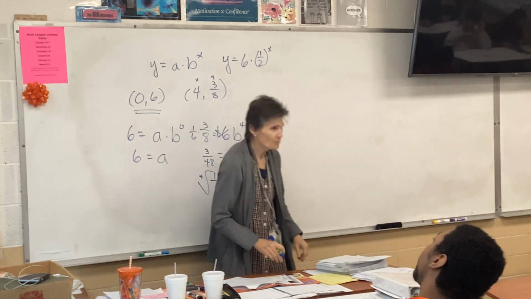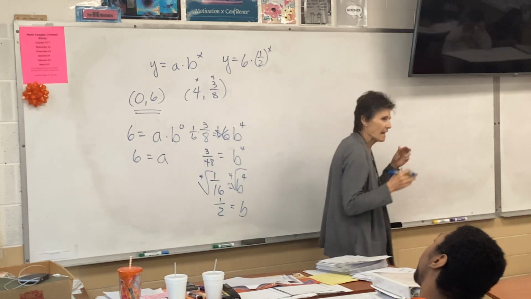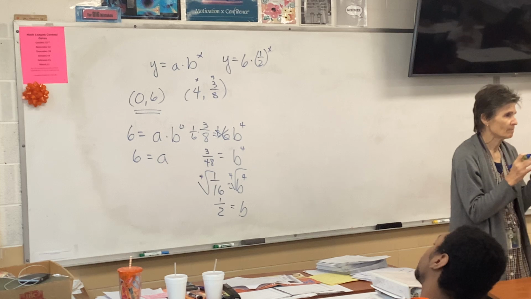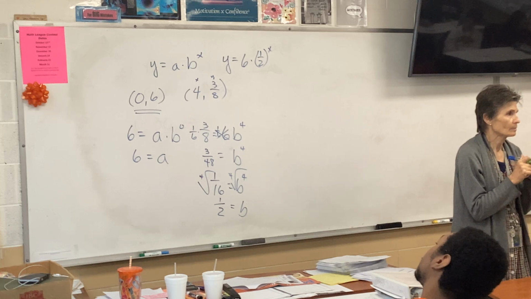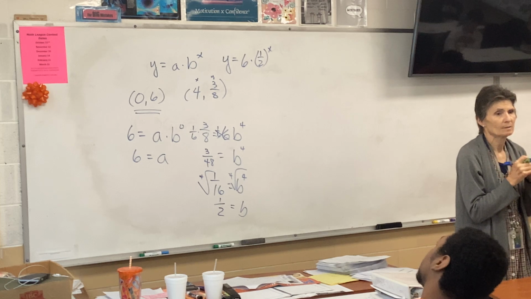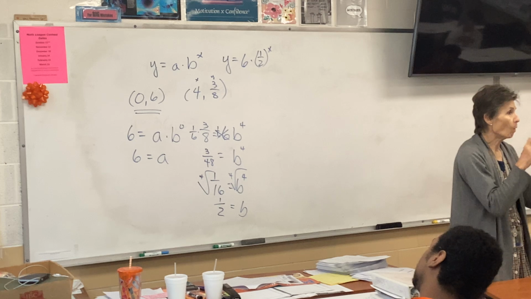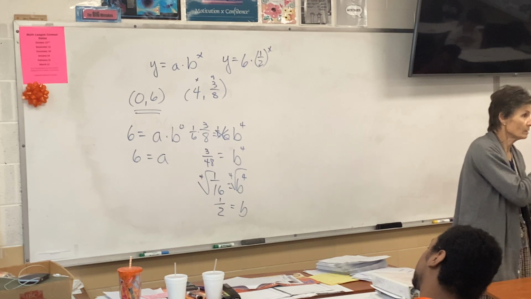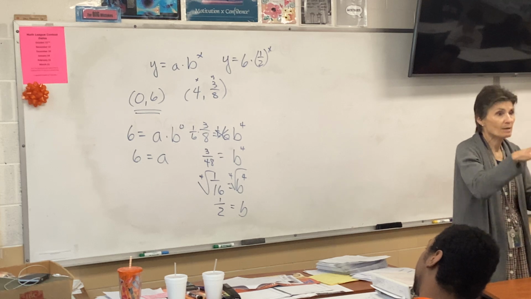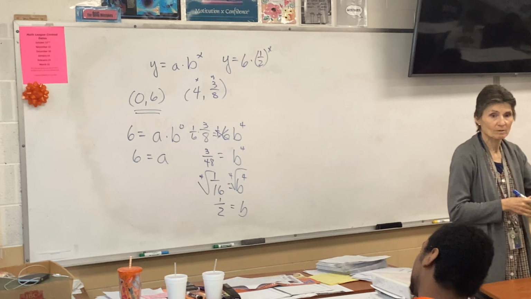All right. Have you noticed anything, by the way? We've done 3 examples now. Has anything kind of struck you as you've been going through and finding A and B? What has A been every time? Well, it came from the y of the point that had the 0. Did you notice that? When we started with 0, 6, A was 6. And when we started with 0, whatever, A was always whatever.